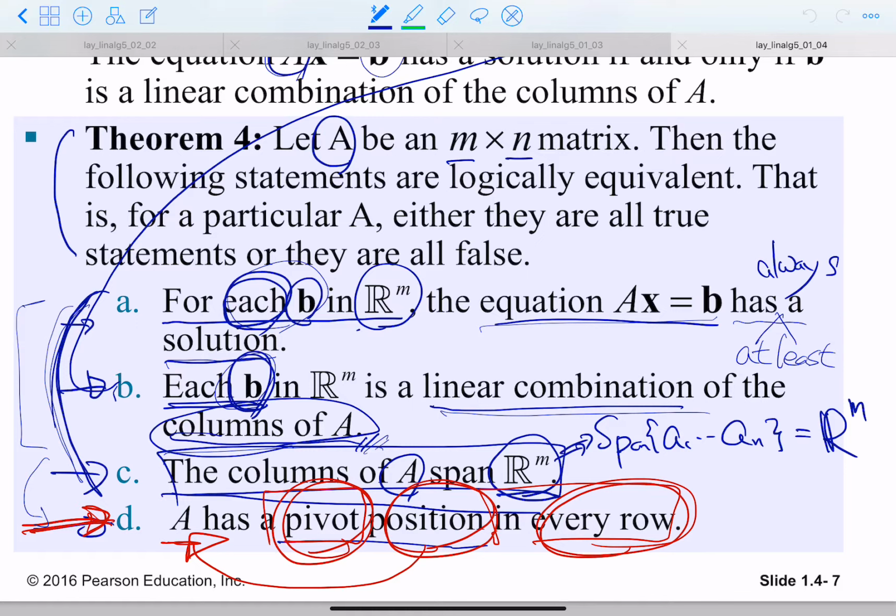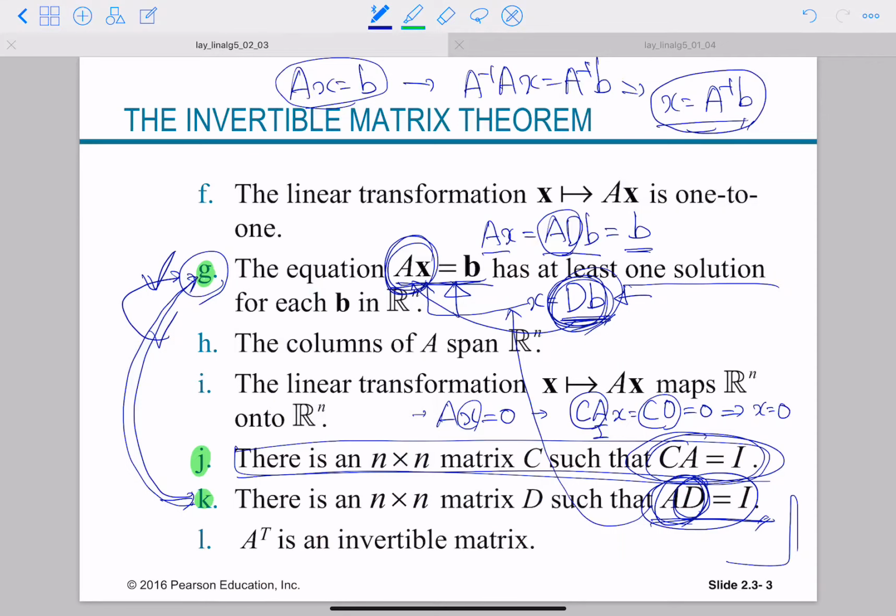Okay, so this item is the same as H, which says the span of the columns of A is equal to R^n if G is satisfied. From the perspective of the linear transformation, we studied onto and one-to-one, and these conditions are also equivalent to the condition of onto, right?